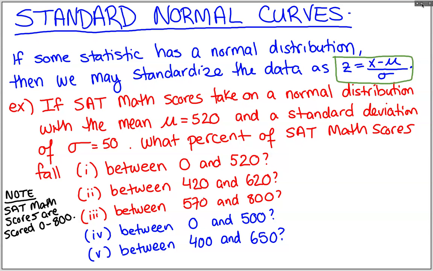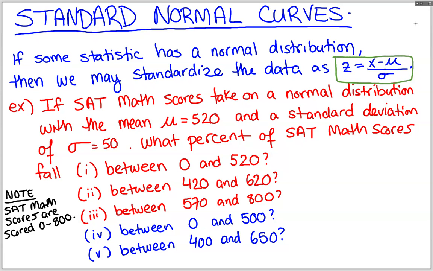So let's talk about this for a second. And I'm going to do it with an example. Before I start the example, I should say that SAT math scores are scored on a scale from 0 to 800. So that is something you should know while looking at this problem.